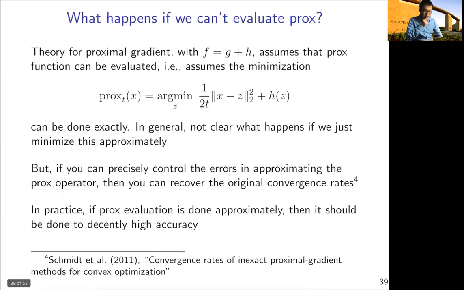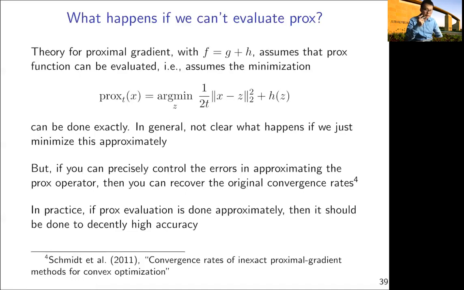One concern is that even though the proximal point algorithm can be used to solve the generic problem of minimizing a non-smooth convex optimization problem, it may require a lot more computation in every iteration.